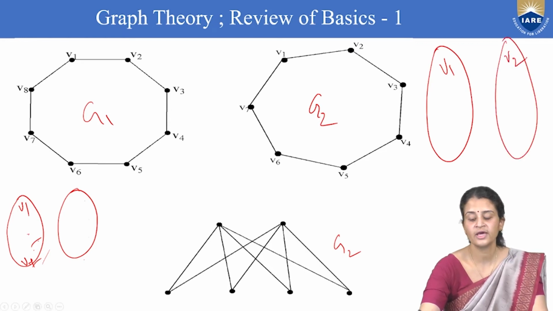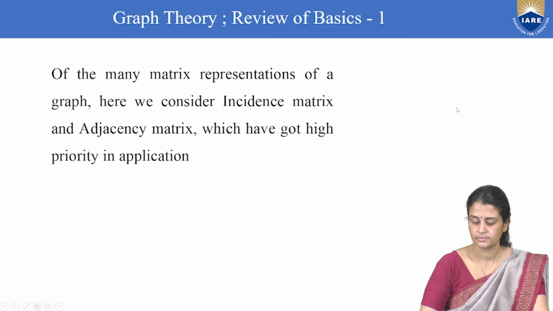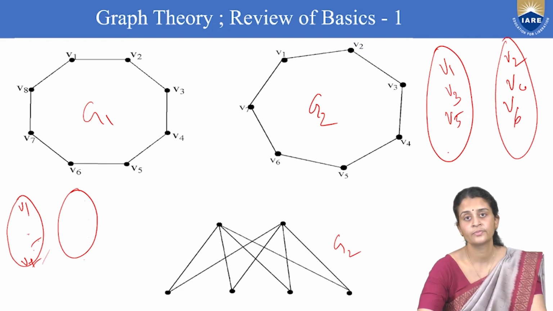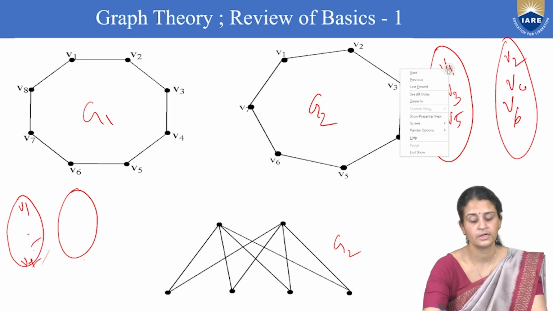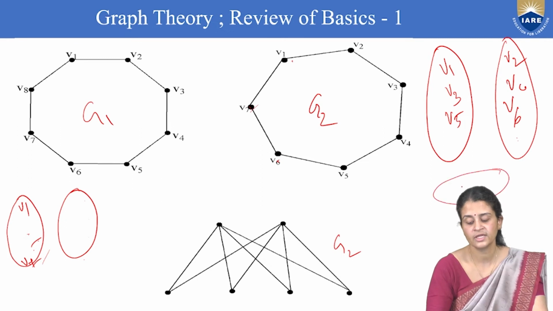In the same way I put V3, V4, V5 and V6 in groups. Can I put V7 here? No, because V7 is adjacent to V1. Can I put it there? No, because V7 is adjacent to V6. So I have to put V7 in another group.